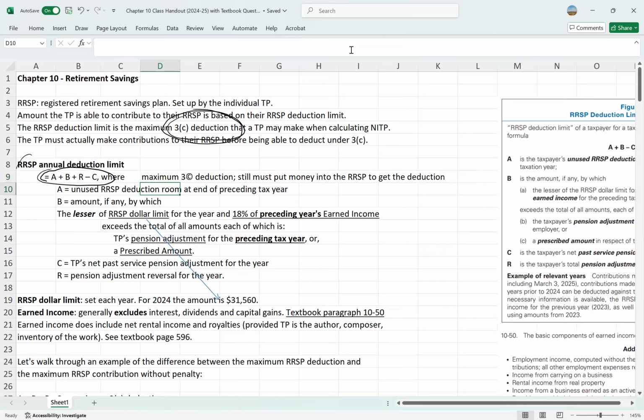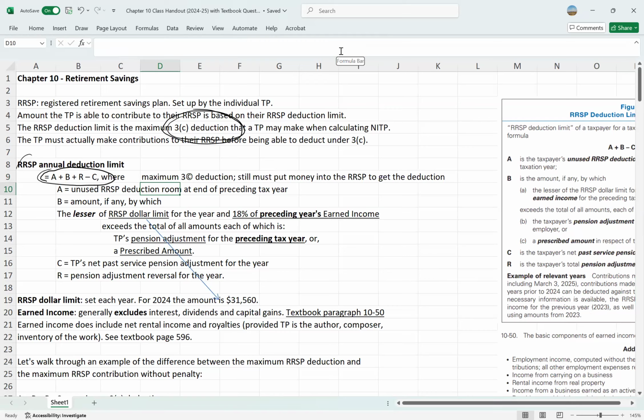So what do we mean by that? Let's say you calculate this formula, A plus B plus R minus C, and you get $10,000. $10,000 is the maximum you can deduct in 3C, but you actually have to put $10,000 into an RRSP in order to make that deduction.